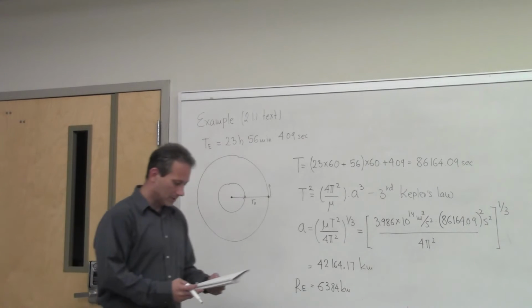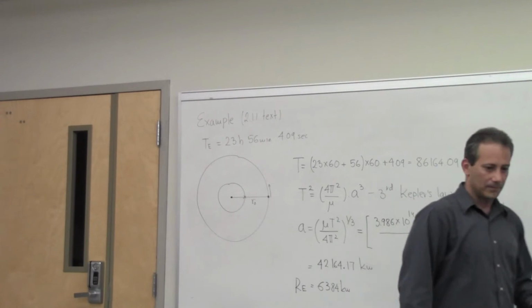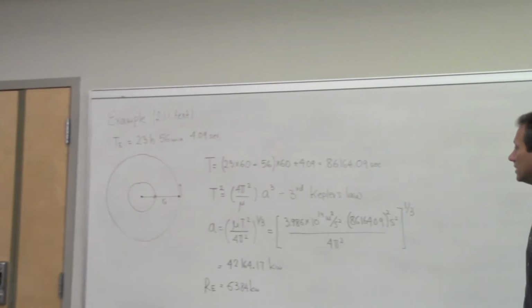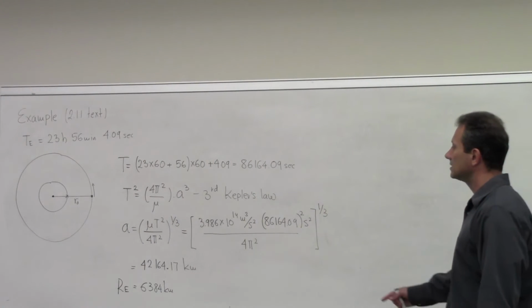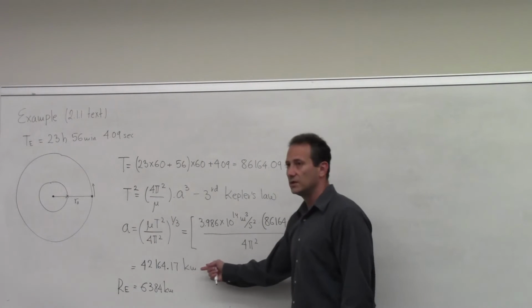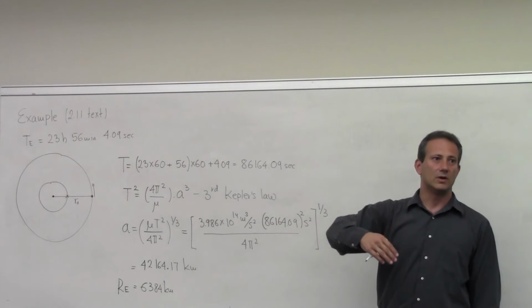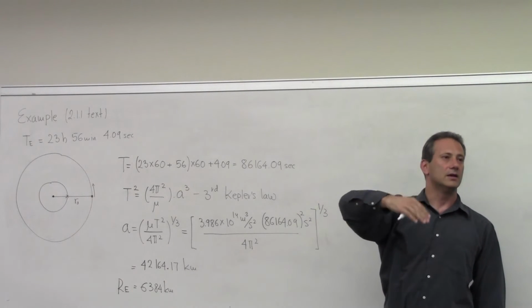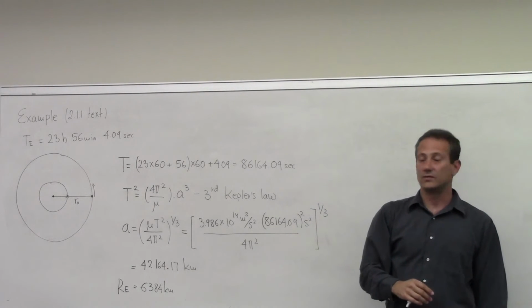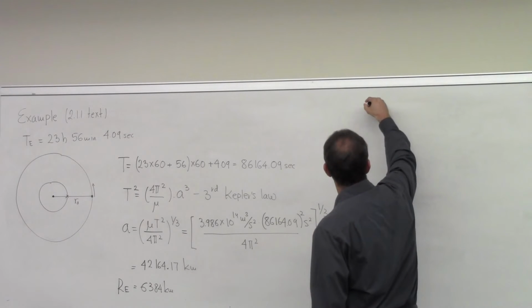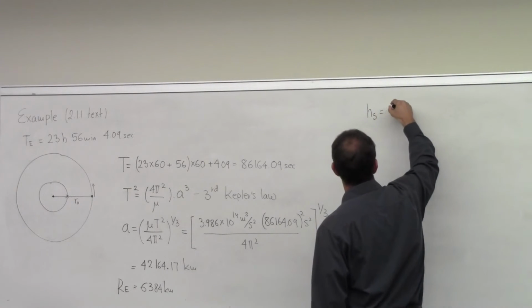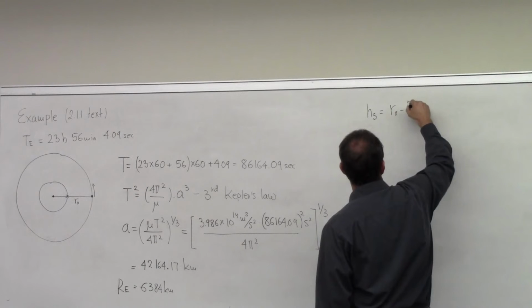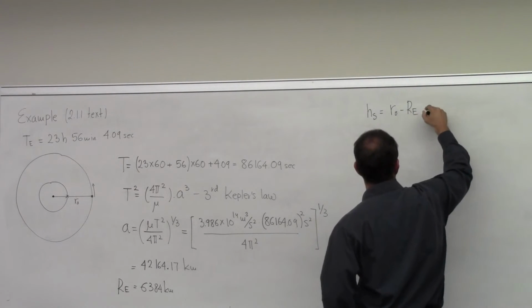So a lot of times when they talk about satellites, geostationary satellites, they don't give you the distance from the center of the Earth, but rather they give you the altitude. How high is the satellite above the surface of the Earth? So the height of the satellite, or the altitude of the satellite, is going to be this R0 minus the radius of the Earth.